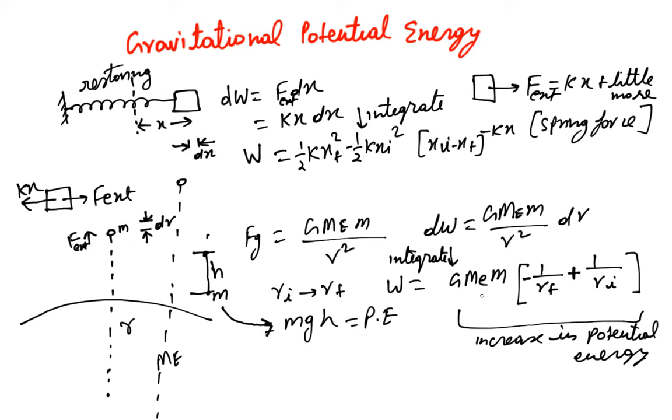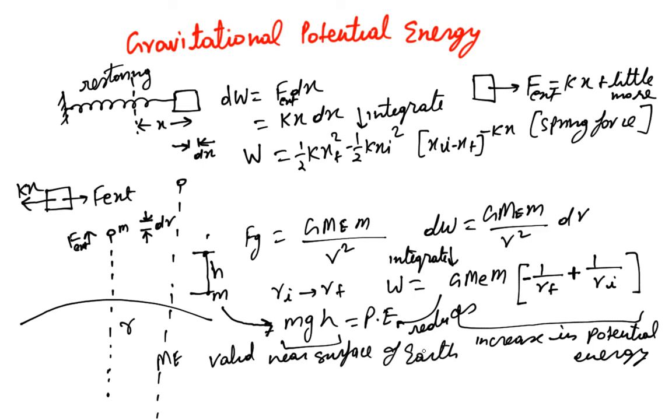Well, they are not the same actually, but this formula reduces to this when we talk about potential energy near the surface of the earth. So this is only valid near the surface of earth. Let's see how this is happening.